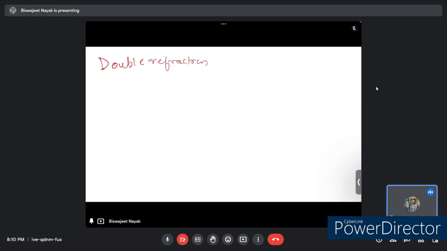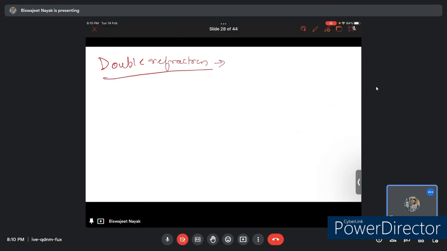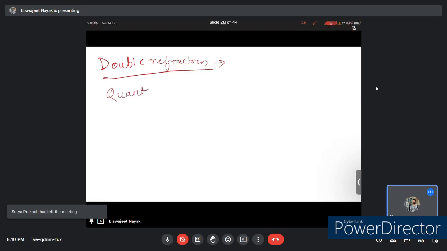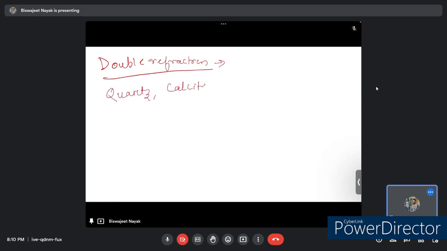Many crystals, or rather transparent crystals, like quartz, calcite, rutile, show this kind of phenomenon because of optical anisotropy.